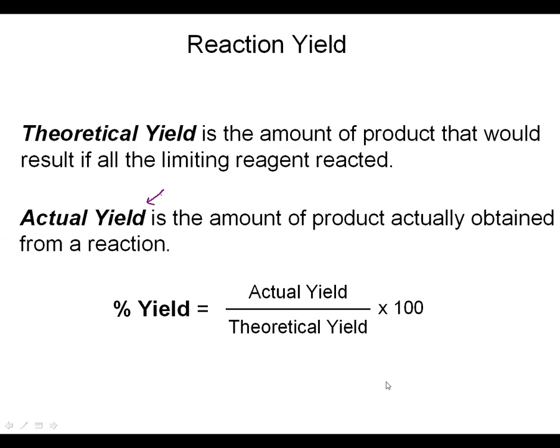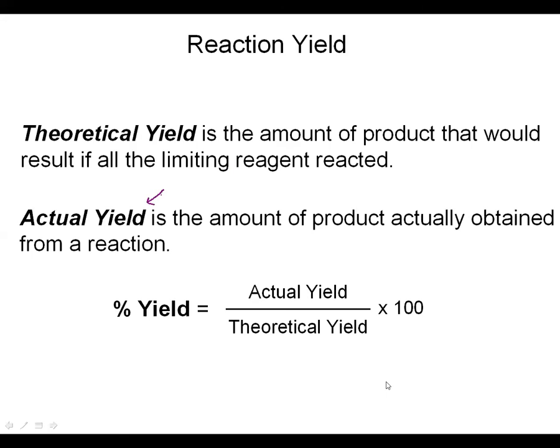When we put both of those things together, we get the third type of yield, which is the percent yield. The percent yield is the actual divided by the theoretical times 100%. The percent yield is basically what we use to determine how good or bad we did a particular reaction.